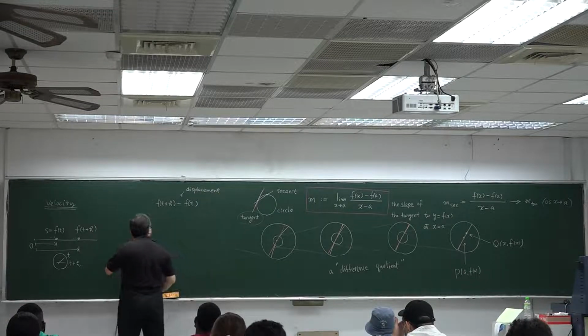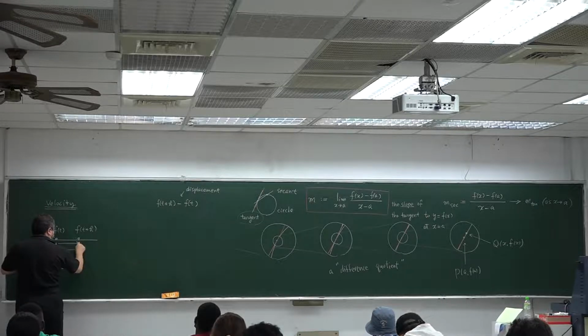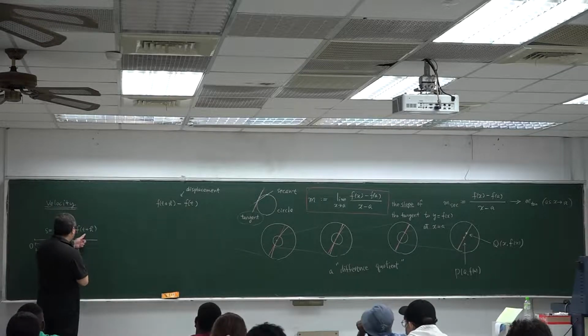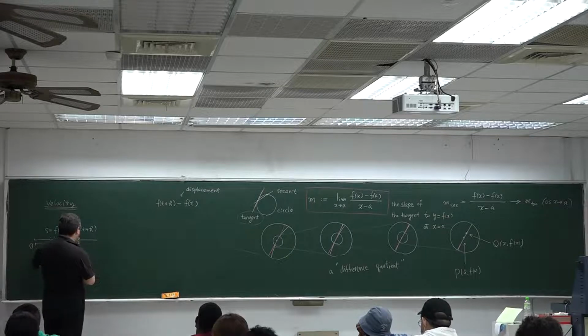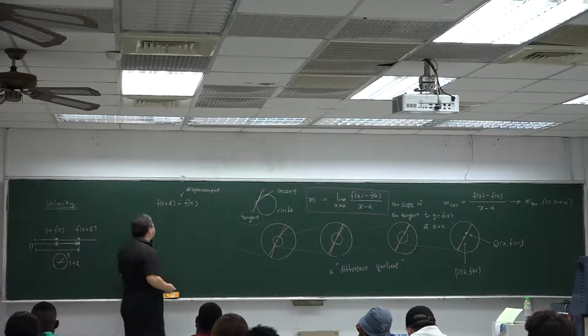We can find this displacement by using subtraction. If this one is smaller than this one, then the displacement will point to the left, which is negative. In this case, this vector points to the right, so this is a positive number.